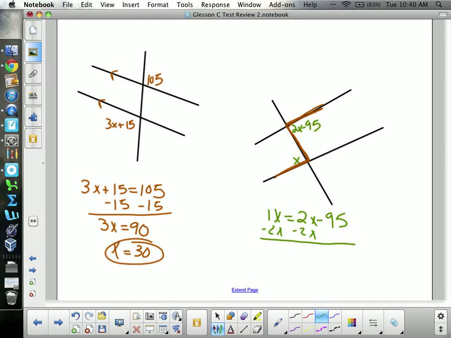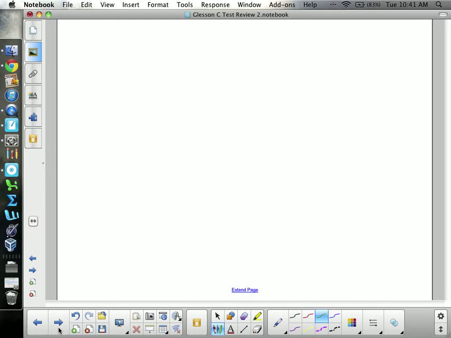This is 1x minus 2x is negative 1x equals negative 95. So x equals 95. All right? So a little algebra there for extra. Number 10.